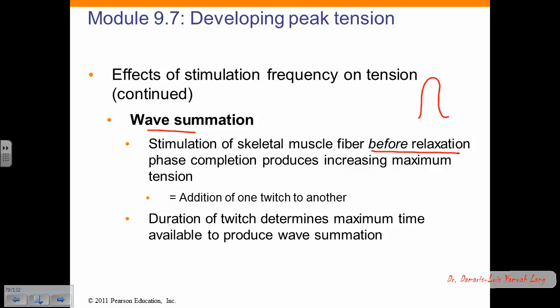The other cross bridges that were formed, the other two that came in when you pull together, will now what? Attach. So now you're having a total of what? Four. And then they will what? Pull together again, and it will recruit what? More overlaps will occur. Does that make sense? And when you stimulate again, then they will also what? Attach and pull. Does that make sense? Are you all getting wave summation?